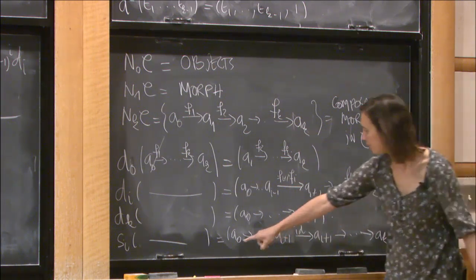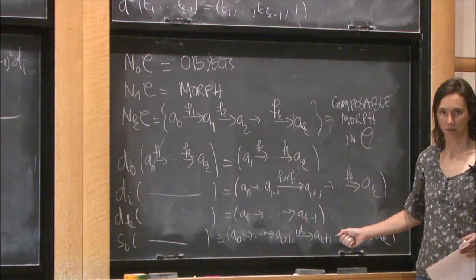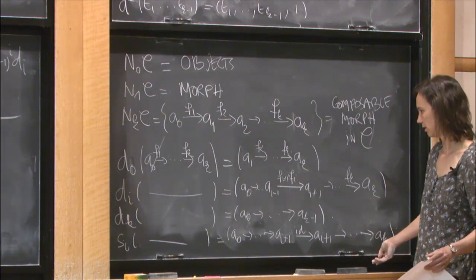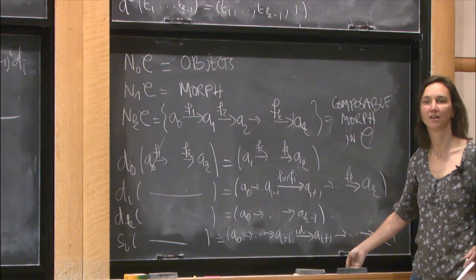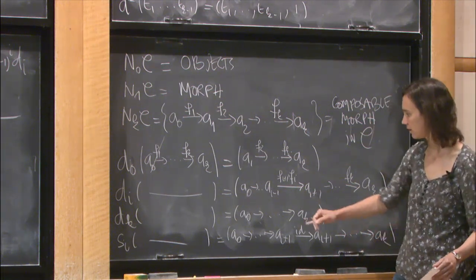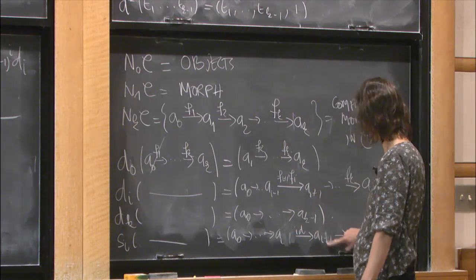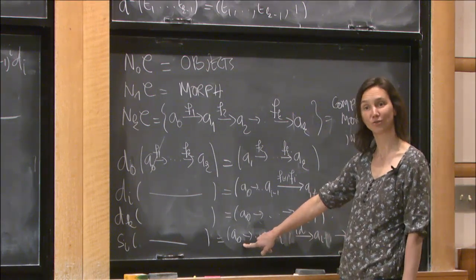This makes sense for every i between 0 and k. I do it at i because I want to be able to do it at A0 also.